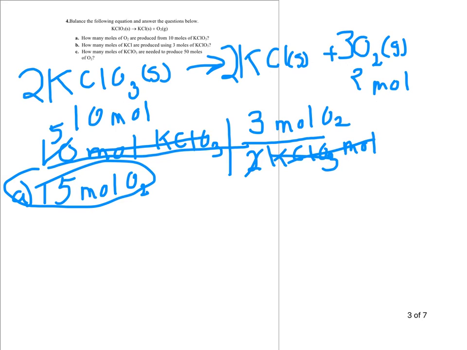B, how many moles of KCl are produced using 3 moles of the KClO3? So this time, instead of 10 here, we're going to have 3. And we want to know how many moles over here. So we start with 3 moles of KClO3.